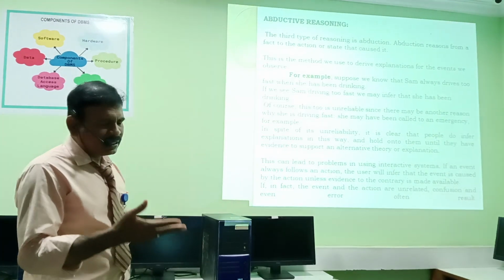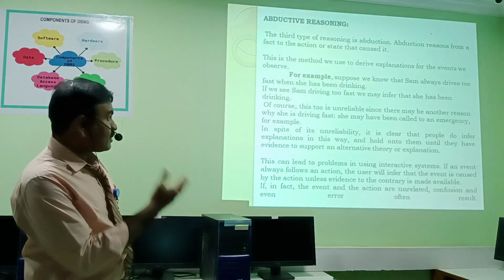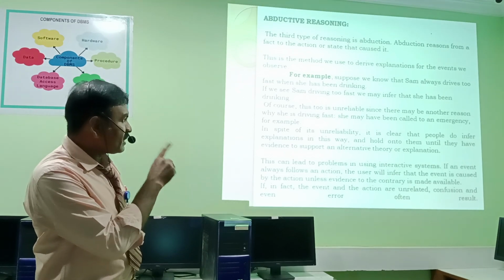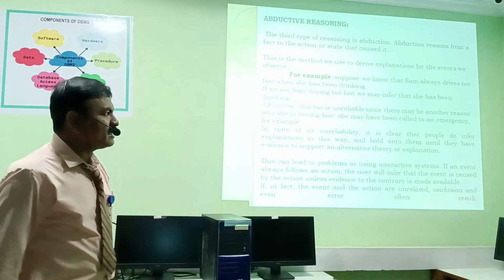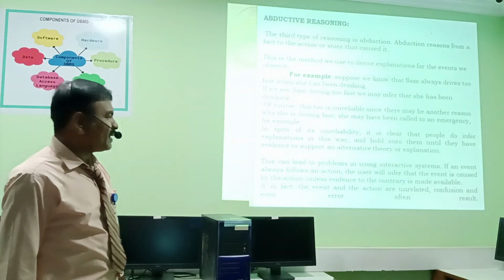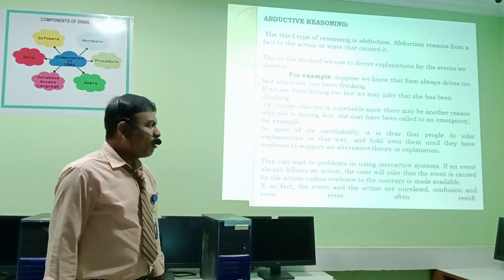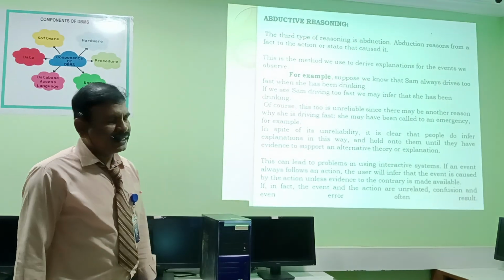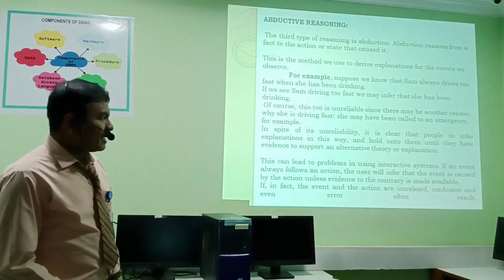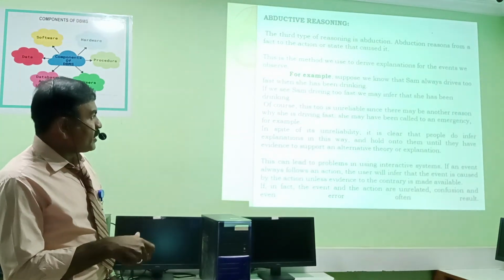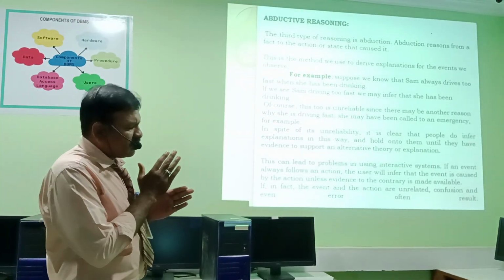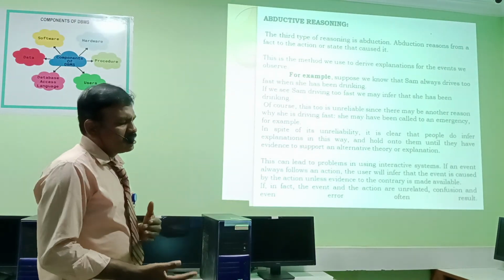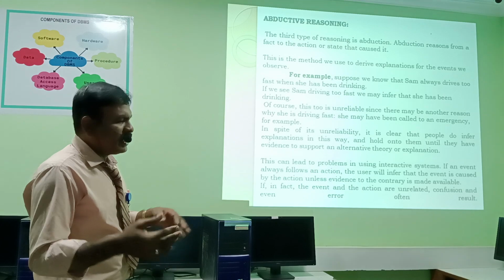In spite of its unreliability, it is clear that people do infer explanations in this way and hold on to them until they have evidence to support an alternative theory or explanation. So here, in abductive reasoning, someone's state plays a role, and it may cause different actions to happen.